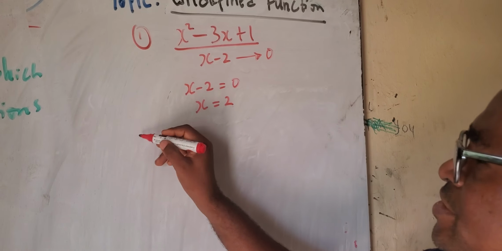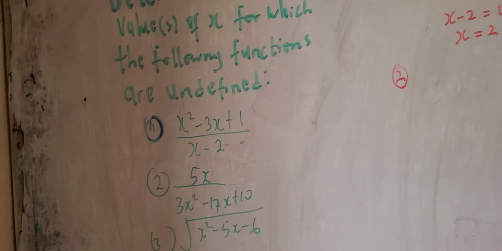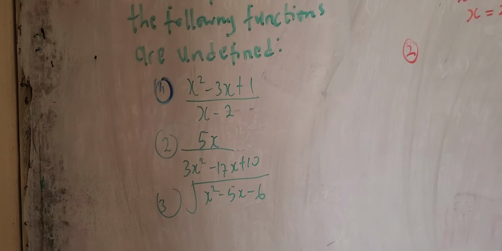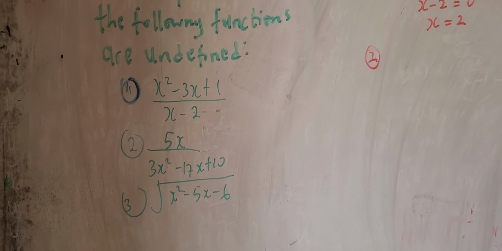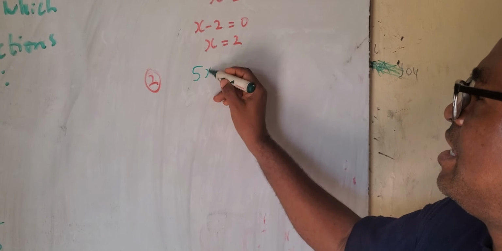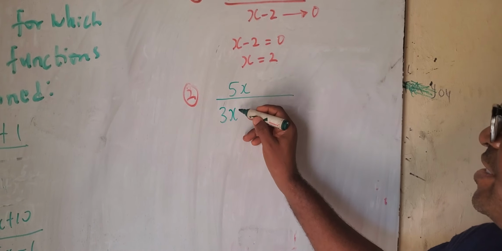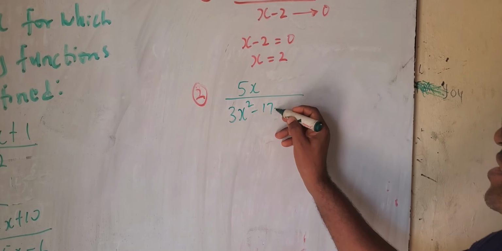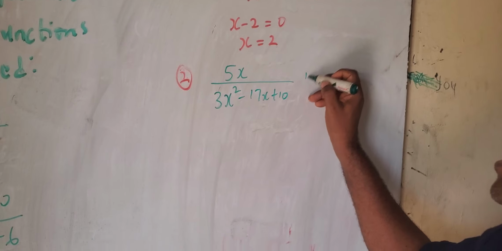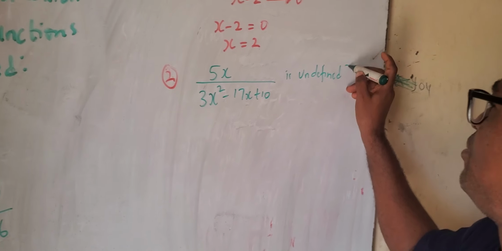And then this question number 2 that we have here, 5x divided by 3x squared minus 17x plus 10. Now, how do we know when this particular rational function is undefined?